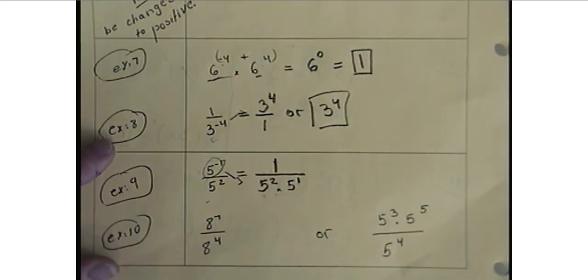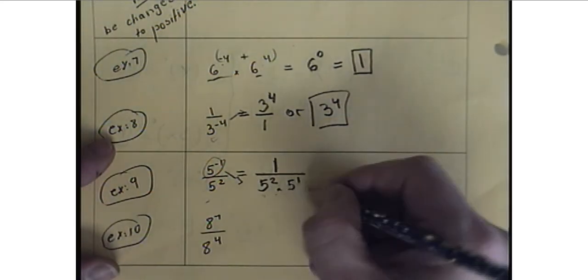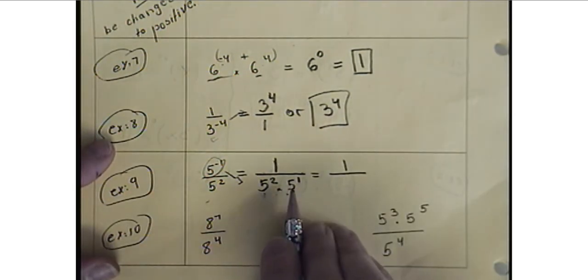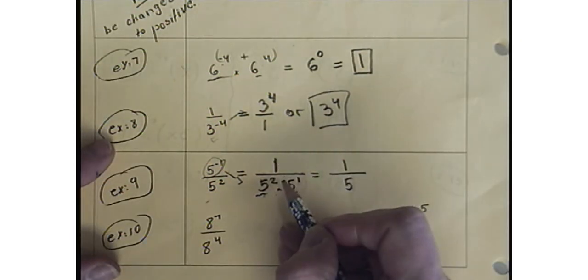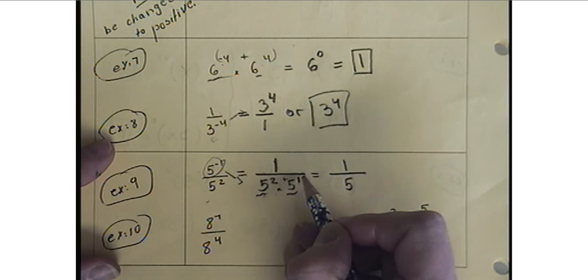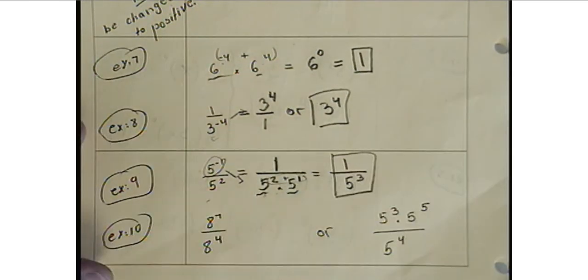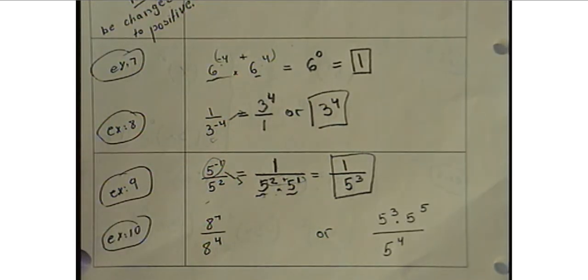It has to be 1. And we need one more step to solve it. Now when we multiply two powers with the same base, we copy the base, and what do we do with powers? We add them. So 2 plus 1 will be 3. So 1 over 5 to the third power will be the answer here.